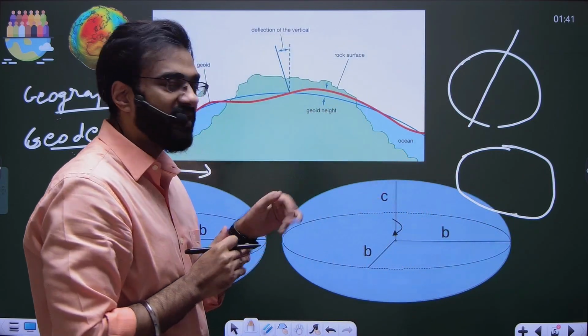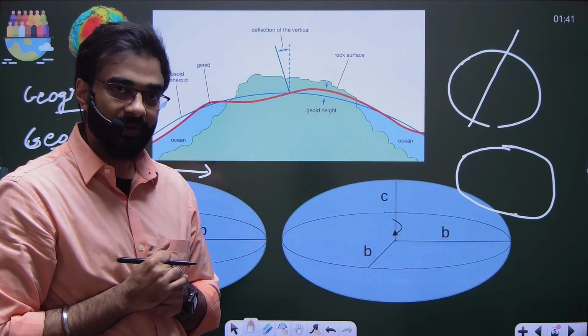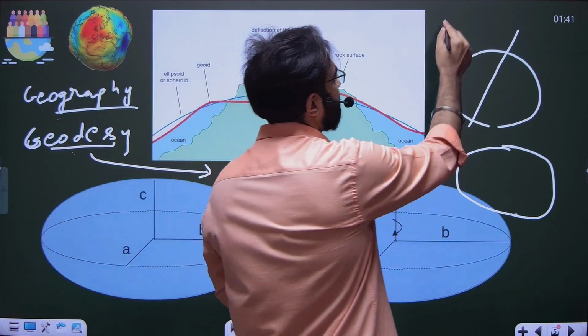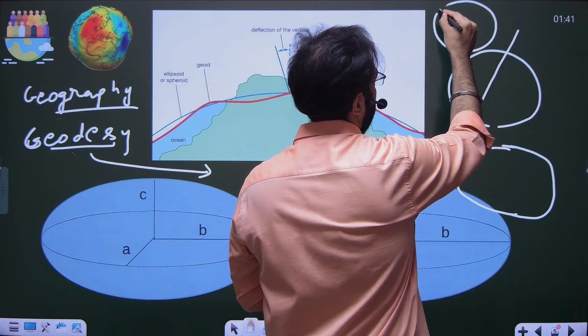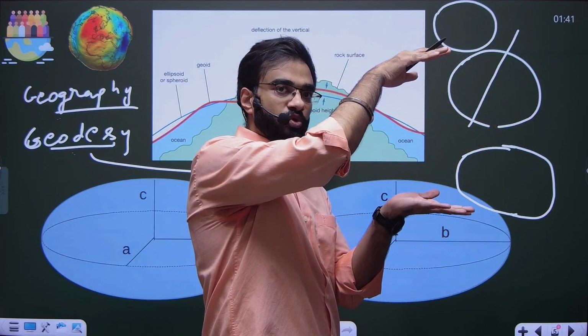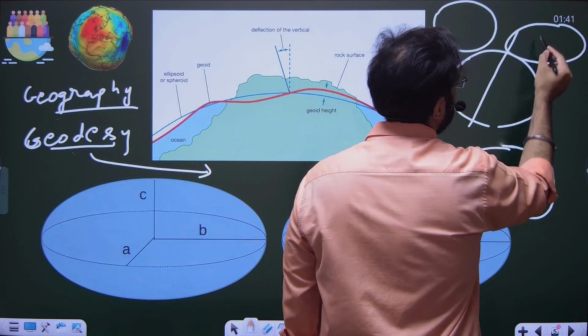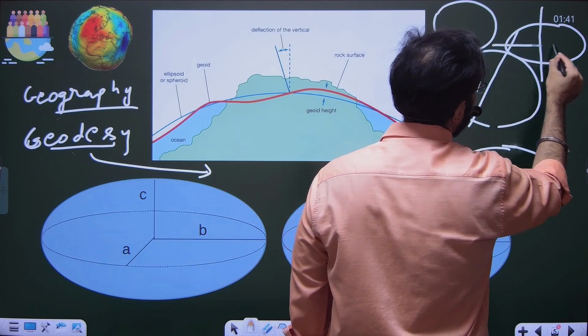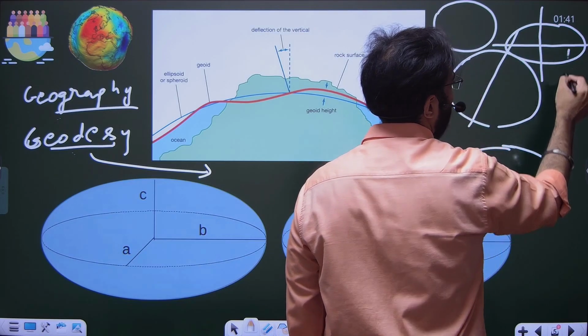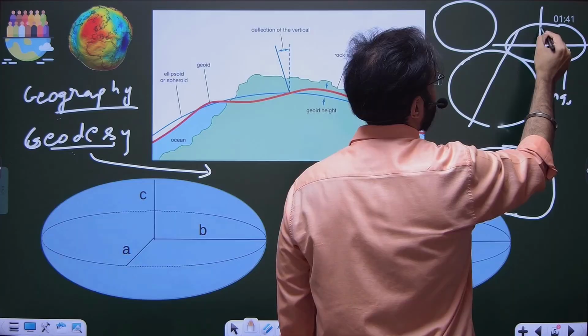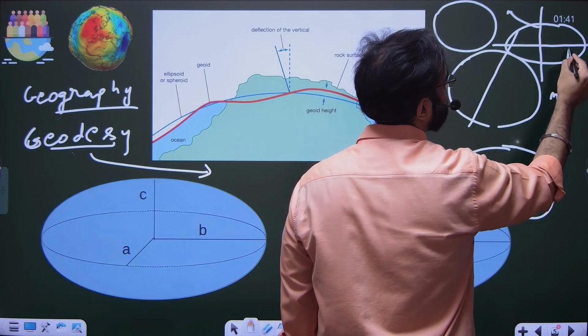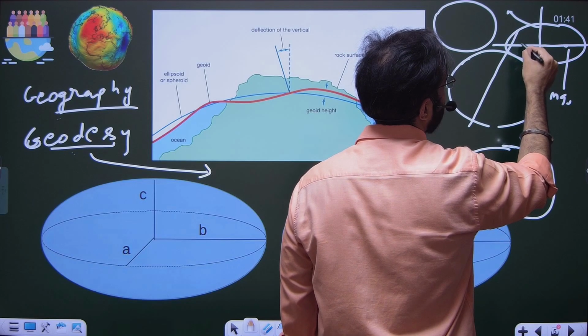You might have heard of the geometrical shape ellipse. If this is a circle and we squeeze the circle from two sides, it will get converted into an ellipse. The basic property of an ellipse is that it has a major axis, a minor axis, and two foci. Okay, two foci.